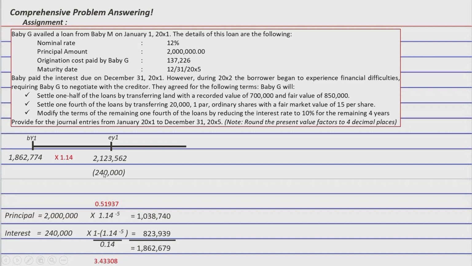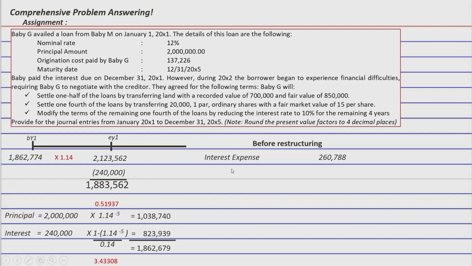So again, 2,123,562 minus 240,000 and we will get 1,883,562.